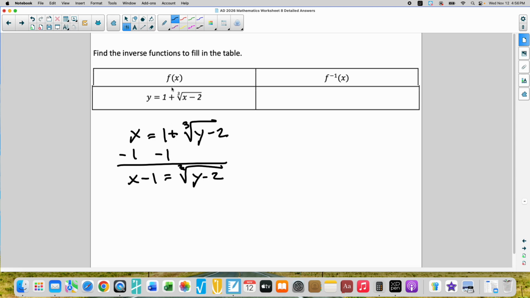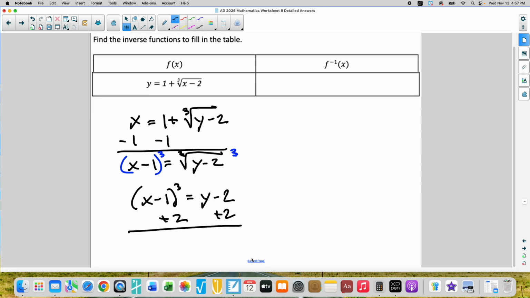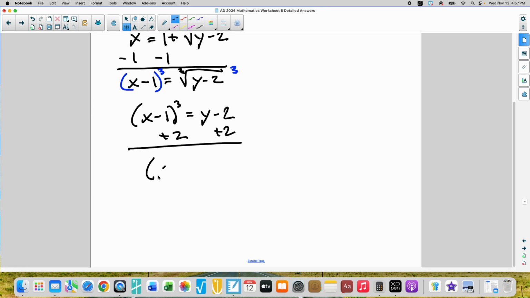We can't get in here, so we have to cube this, and we have to cube the quantity. So I think what they're doing is they're leaving it unsimplified. And then we add 2, and I think they are okay with that. X minus 1 cubed plus 2 equals y.